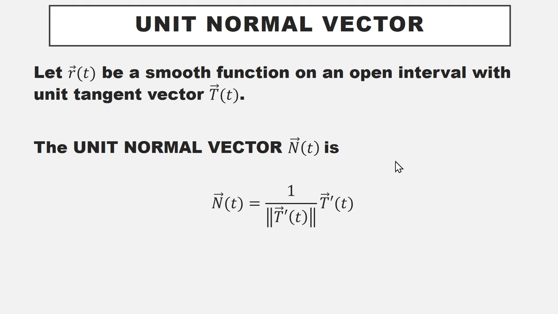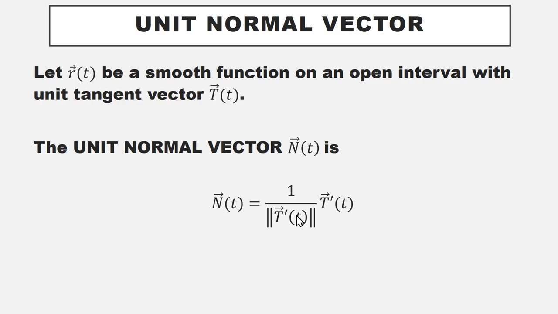Now, be careful. This is not the second derivative of r. Because of forcing my unit tangent vector to be length 1, we don't get the exact same thing. So this is the unit tangent vector. Take that derivative and make it length 1.